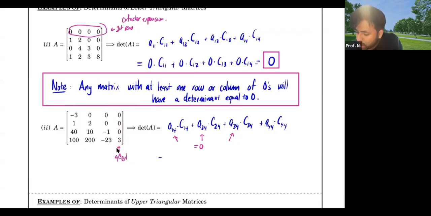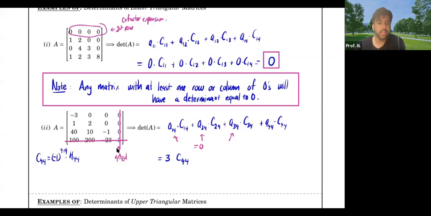So this is equal to 3 times C44. Be careful: what is C44? C44 equals -1 to the 4 plus 4 times M44. But what is M44? It's a smaller matrix. -1 to the 4 plus 4 power is -1 to the 8th, which is positive.